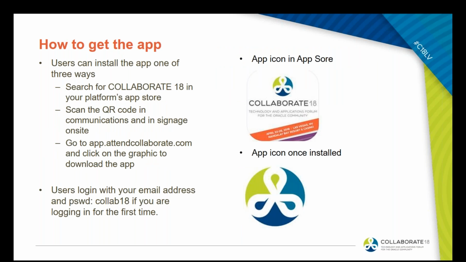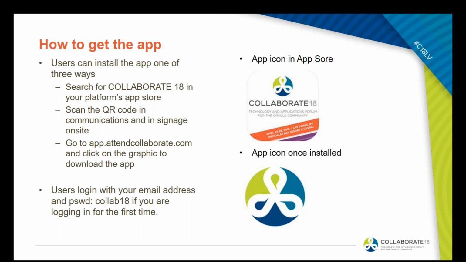And for how to get the app, the app is in the app stores for Android and for iPhones. You search Collaborate 18. There will be QR codes on site on signage, so you can scan one of those and download it that way, or you can go to app.attendcollaborate.com and download the app from there.